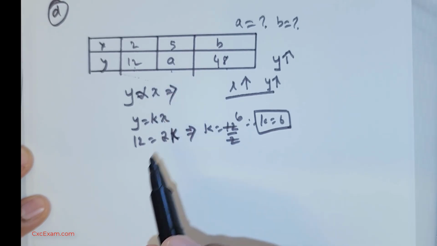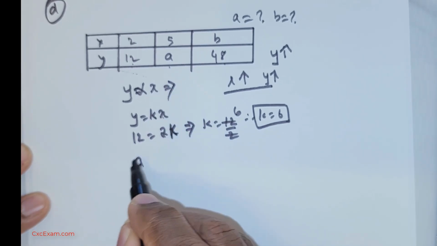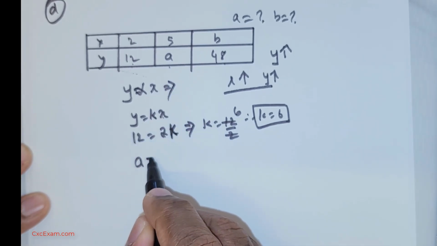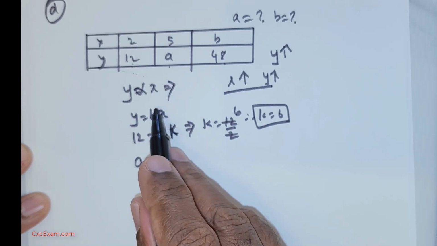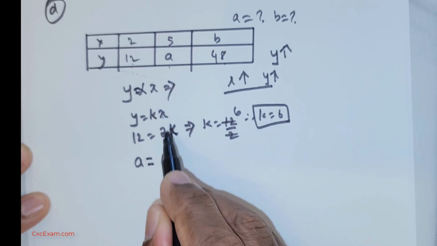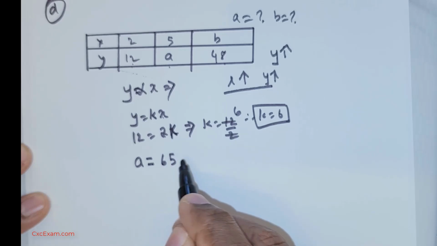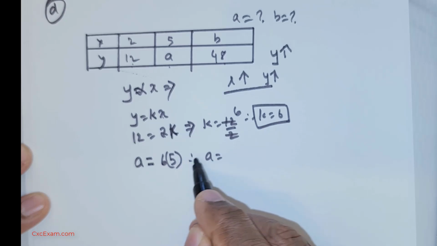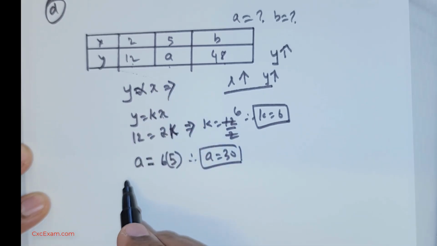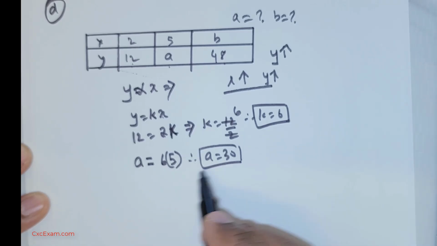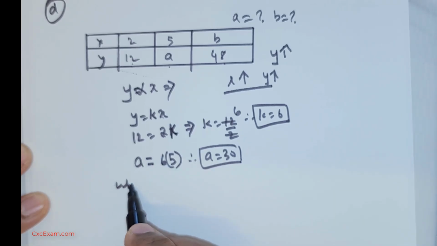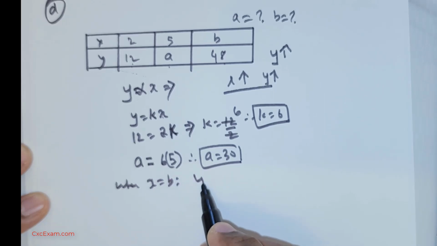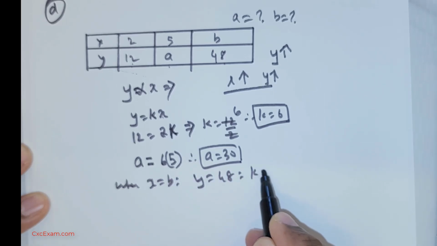So now I need to go and find what is y. When y takes the value a, my k is 6, my x is 5. So therefore a is equal to 5 times 6, which is 30. So 30 goes there. And the next case is when x is equal to b, y is equal to 48 and k is equal to 6.